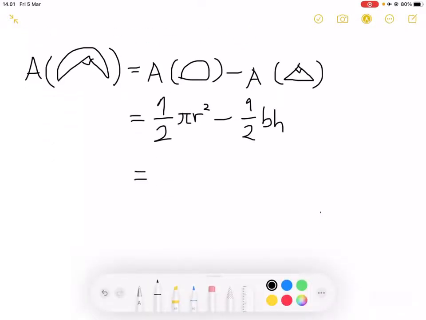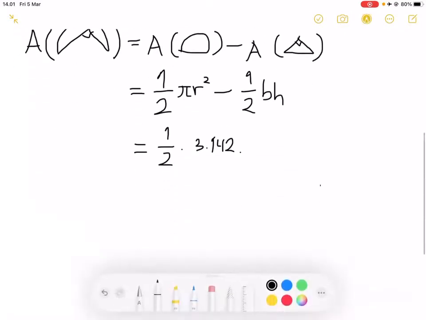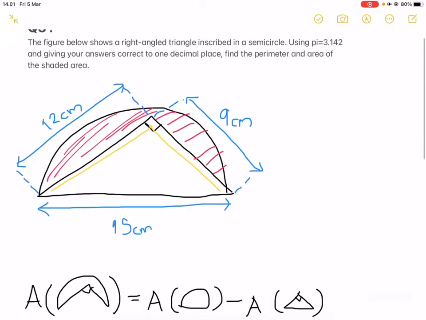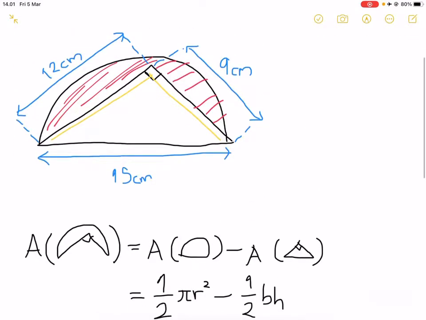and this will be equal to a half times 3.142 times the radius, which in this case is half the diameter, which is 7.5 centimeters squared. And the reason I'm choosing decimals for this is that the approximation for pi is a decimal, and the length of the diameter and the radius are both not divisible by 7.